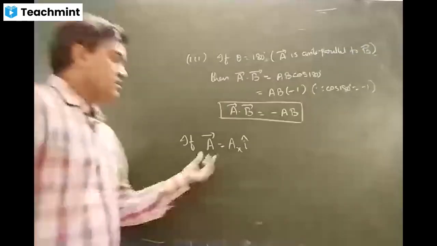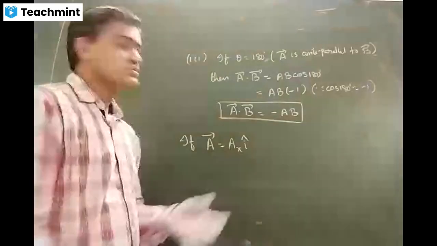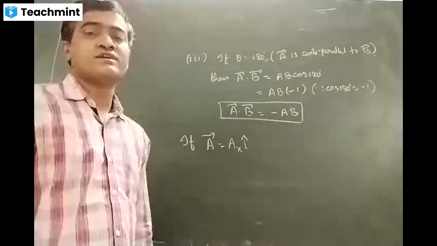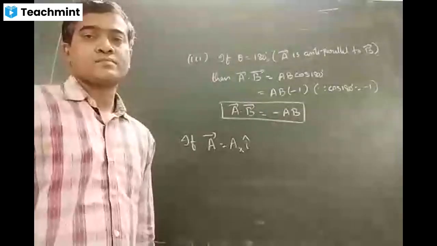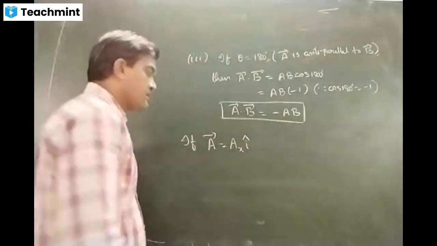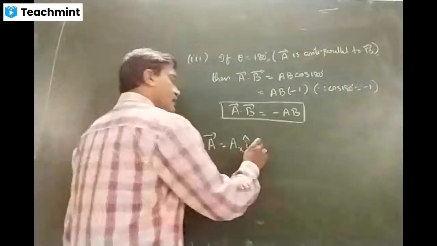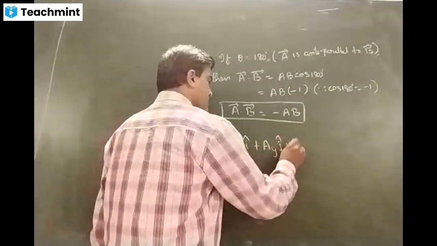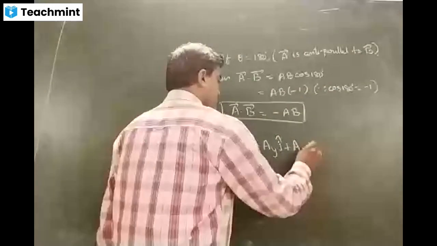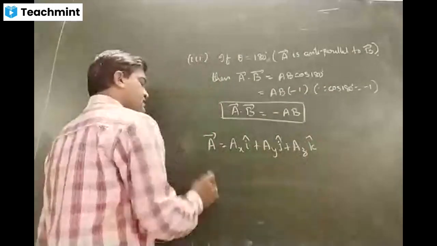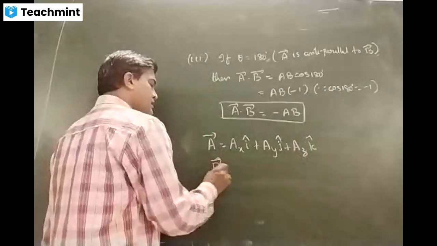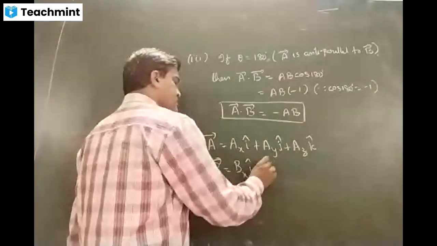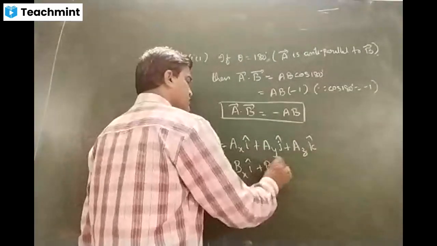How can I resolve this vector into components along three different axes? A bar is equal to AX I cap plus AY J cap plus AZ K cap. And similarly, can I write B bar as BX I cap plus BY J cap plus BZ K cap.